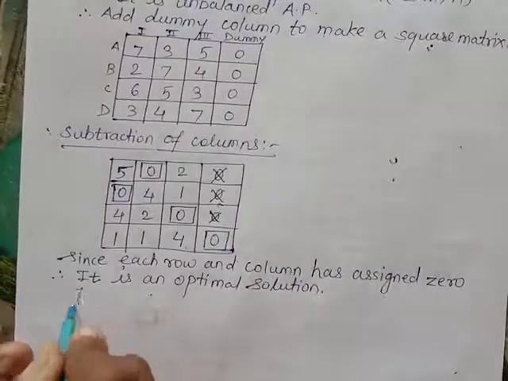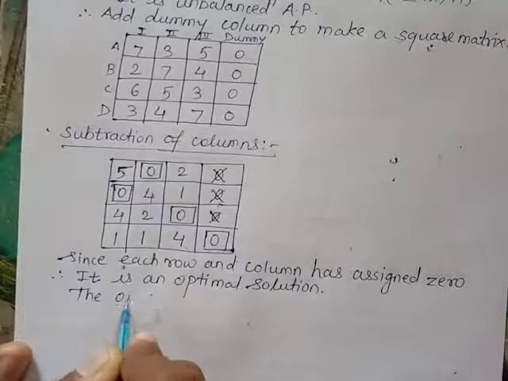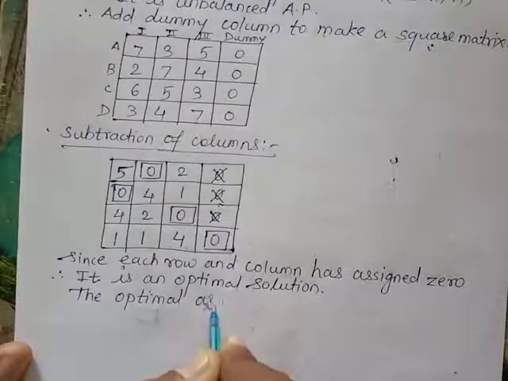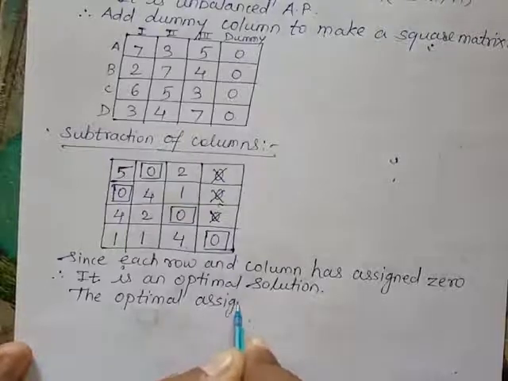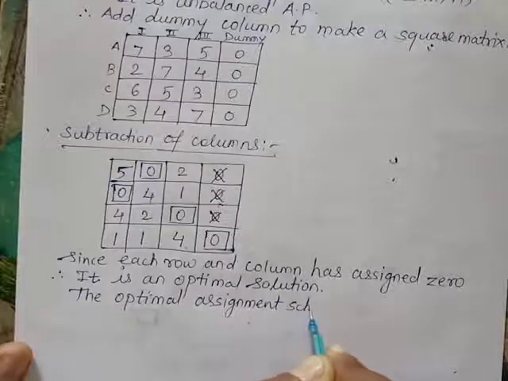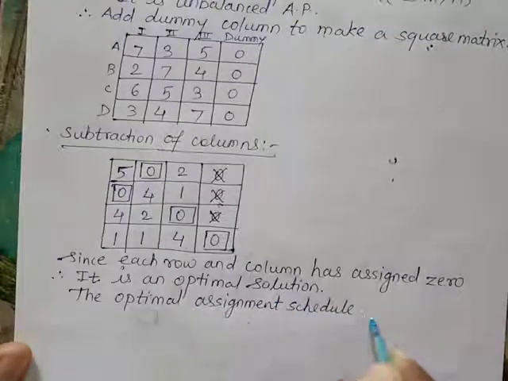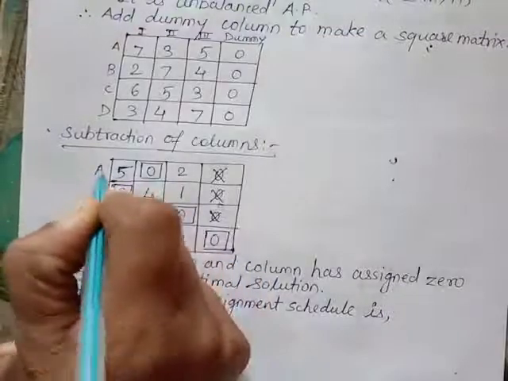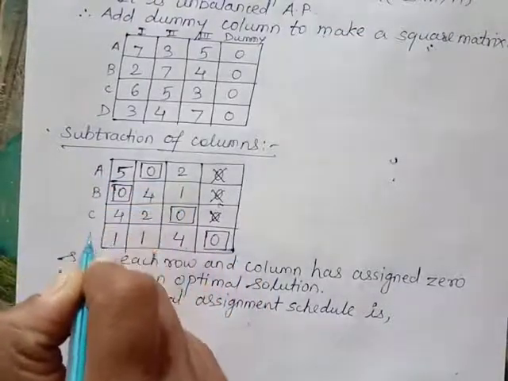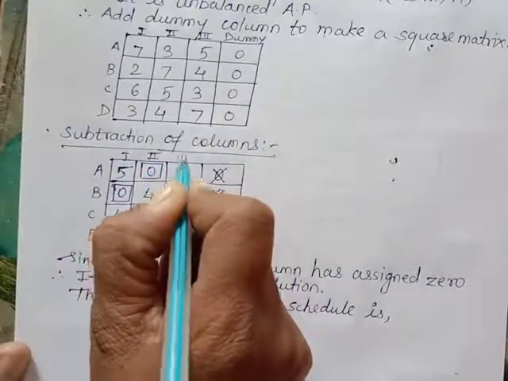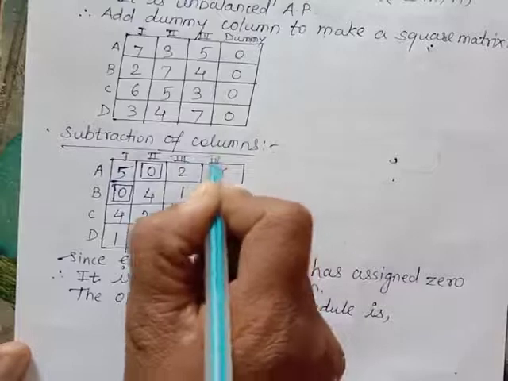The optimal assignment schedule is: now this A, B, C and D are operators, and the first, second, third machine and the dummy, right?